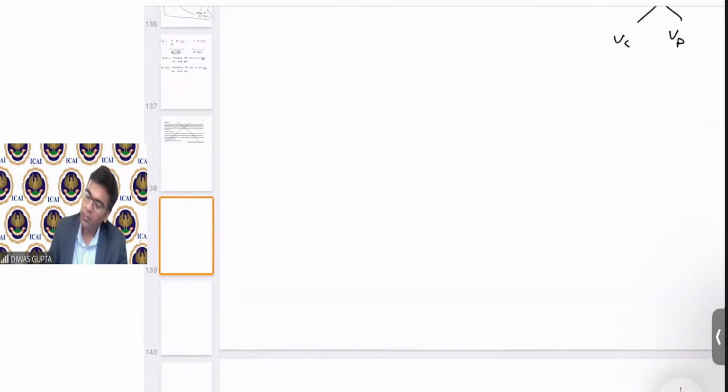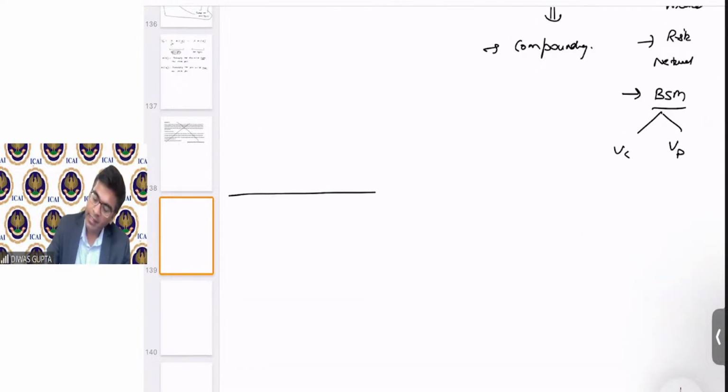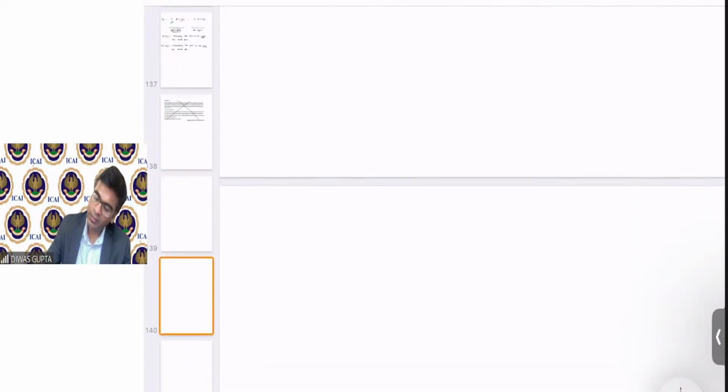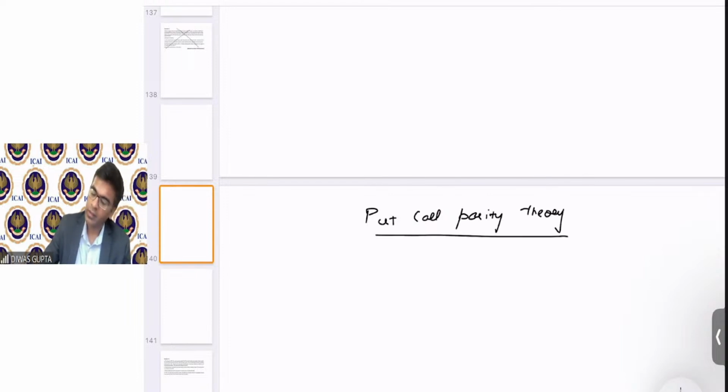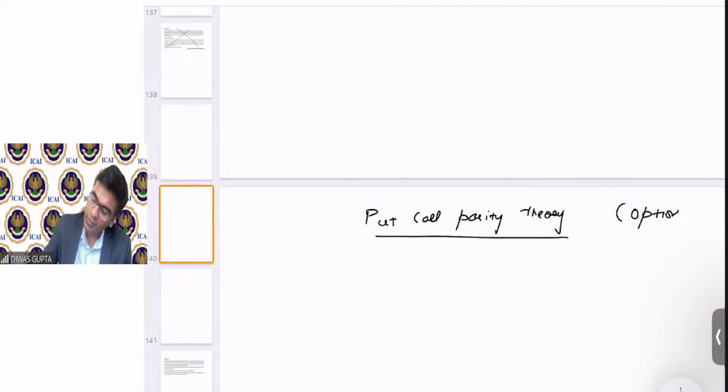Now let us come to the put call parity theory. We are still in the options discussions, right? So we will discuss the put call parity theory, students.